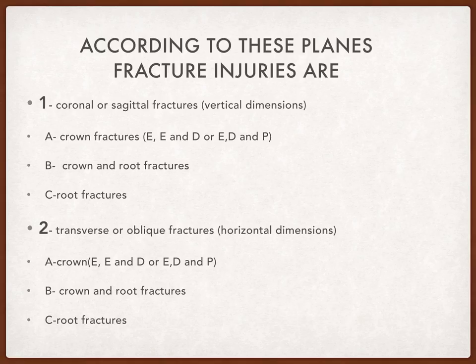And when the fracture is in the vertical plane of the root only, it is called a vertical root fracture. And when we have a fracture in the horizontal planes that is present in the enamel of the crown only, it is Ellis class 1, enamel and dentin class 2, enamel and dentin and pulp class 3, enamel and dentin and pulp and root class 4, and the root only is class 5.